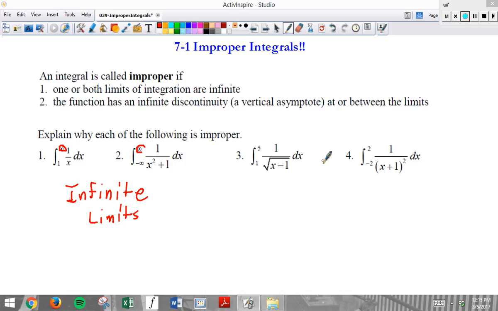So make sure you're checking, oh, when I plug in 1, it gives me a problem. You could say a vertical asymptote at x equals 1, which is a limit of integration.